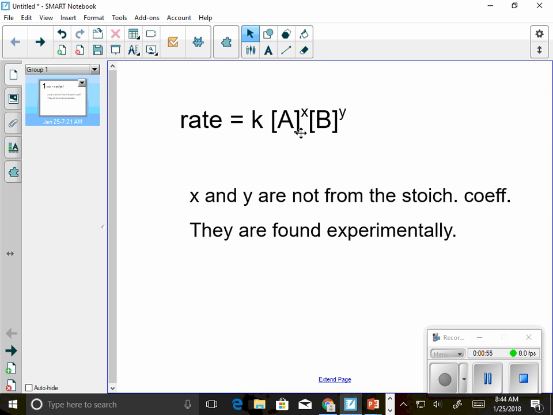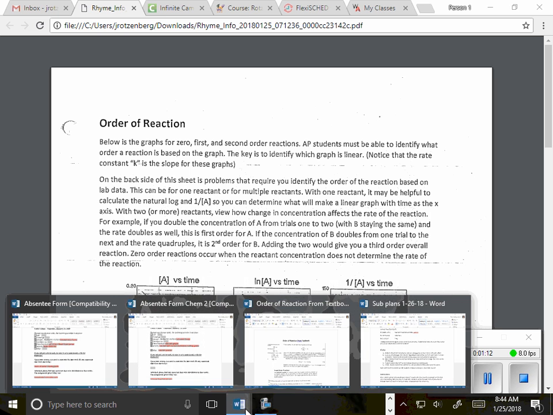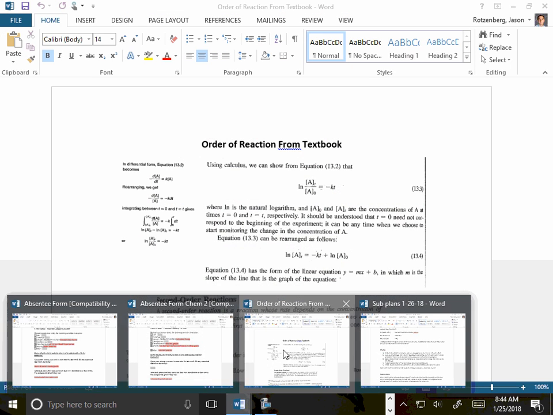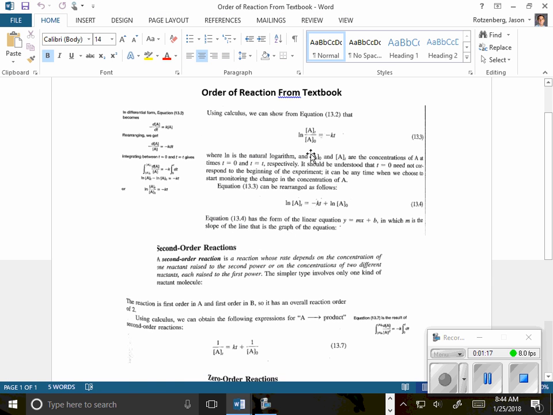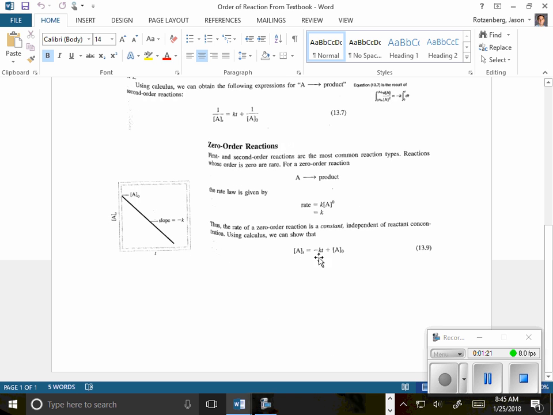This is one of the big changes that AP Chemistry made to its standards. What they're trying to have students figure out, they want to add more graphic analysis and less of the plug it into the equations, because I'm sure you saw, for example, if we look at some of the reading, all these equations with natural log in it, or just the concentration, all of these equations used to be used within AP Chemistry.